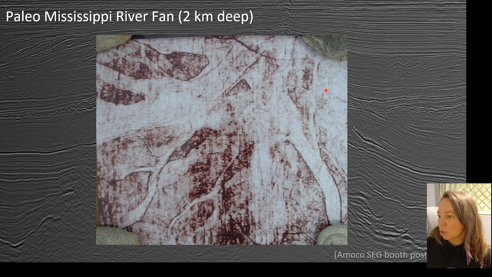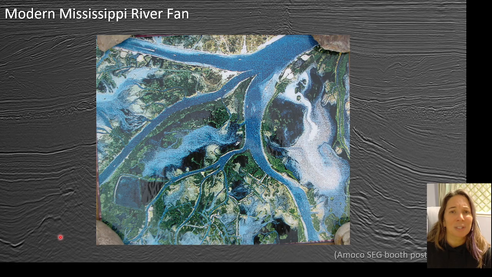And so this is showing essentially the Paleo-Mississippi River system, where we're kind of more onshore up here, and then we get down into the delta, or moving out into the basin as we move in this direction down to the bottom left. And so this is very similar to the modern Mississippi Birdfoot Delta. And this is an image taken from 1995. And you could see the similarities for sure. Let me go back and forth between the two.